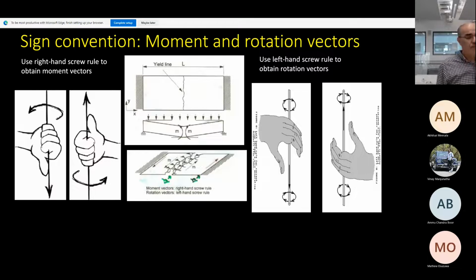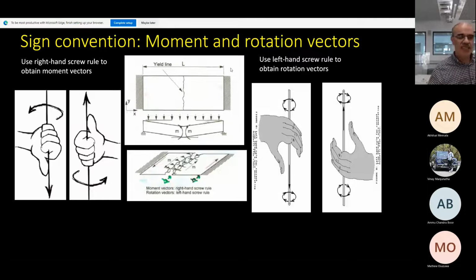Now, for the moment vector, we use the right-hand screw rule. Okay, so using your hand, look at the left side slab. Now, using your right hand, using your palm, make the moment with your palm.